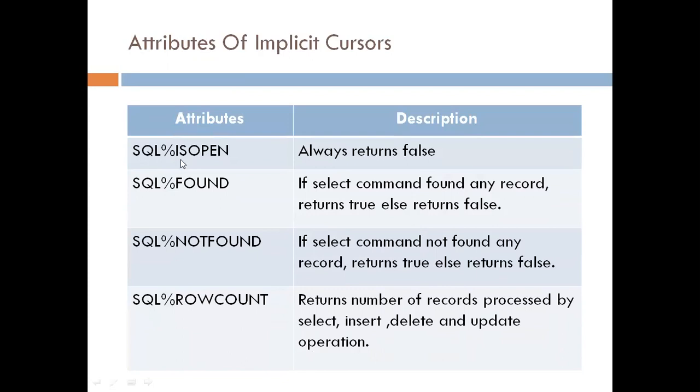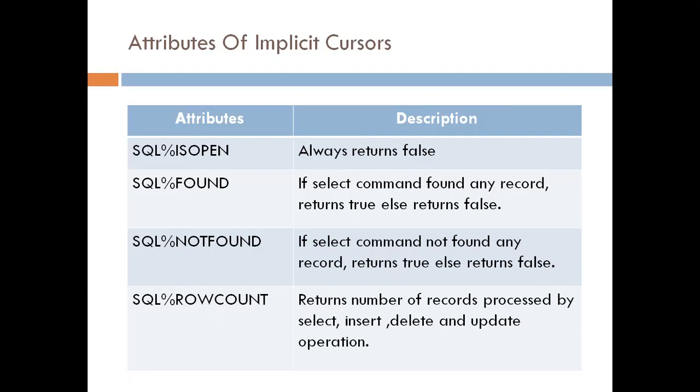So SQL%ISOPEN, SQL%FOUND, SQL%NOTFOUND, and SQL%ROWCOUNT. So first of all, is open attribute. If your cursor is open, then it will return true. Otherwise, it will return false. But in the case of implicit cursor, it will always return false.